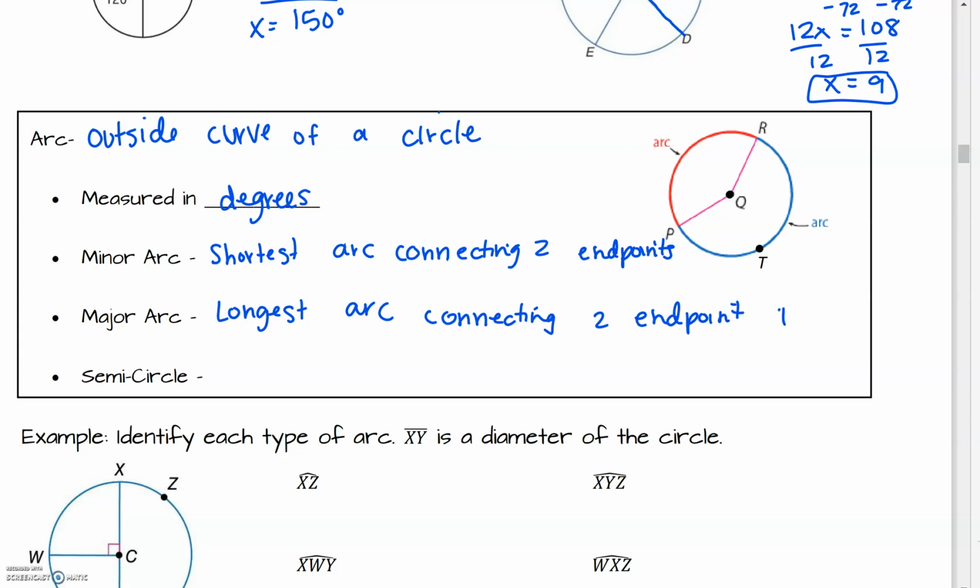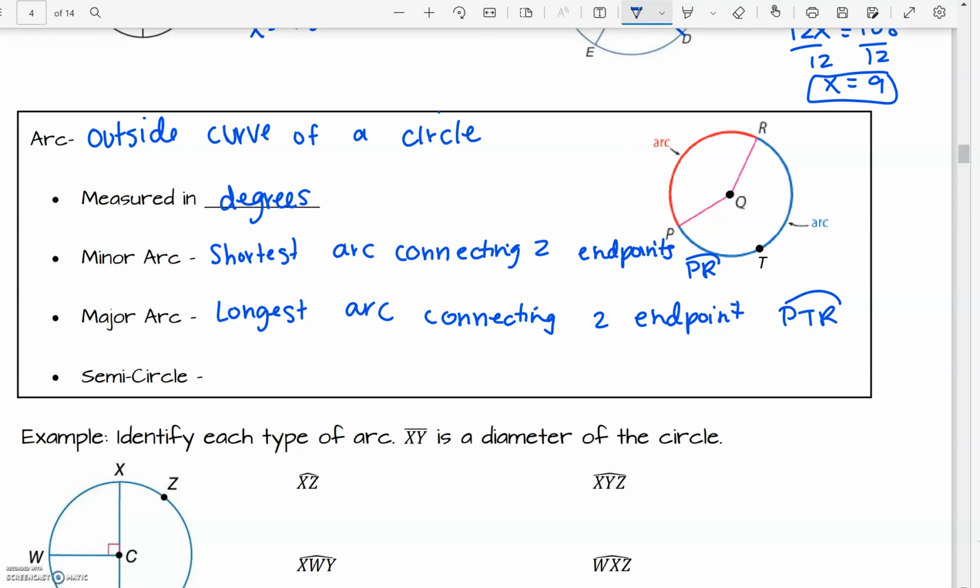So for example, like PTR. And so for example, a minor arc would be like PR. It's the shorter distance, and then the longer distance, the blue, connecting P and R would be the major arc.